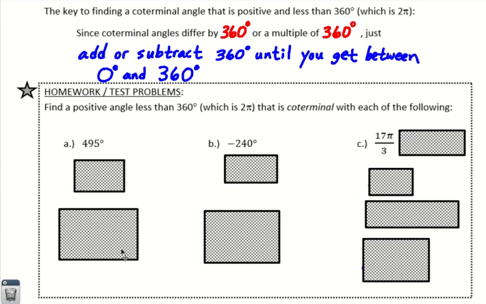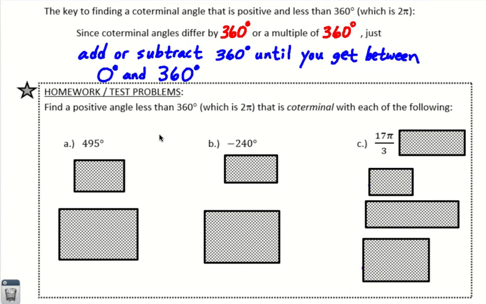So example A here. The directions, of course, say find a positive angle less than 360 or less than 2 pi radians that is coterminal with 495 degrees. So in my mind, the directions are basically saying, there's a lot of angles coterminal with 495, but what is the simplest positive one? What's the best coterminal angle for 495?